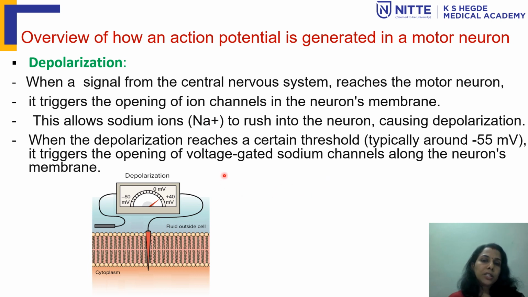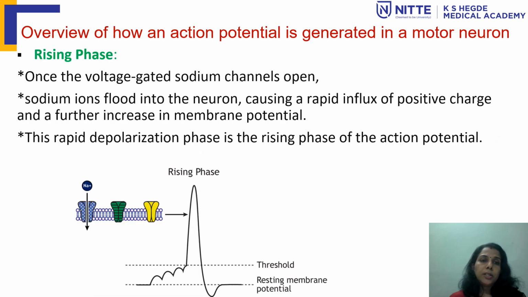When depolarization reaches a certain threshold, what happens? It triggers the opening of more and more sodium ions channels along the neuronal membrane, and the membrane potential will increase. Okay, so there will be a rising phase during this depolarization.